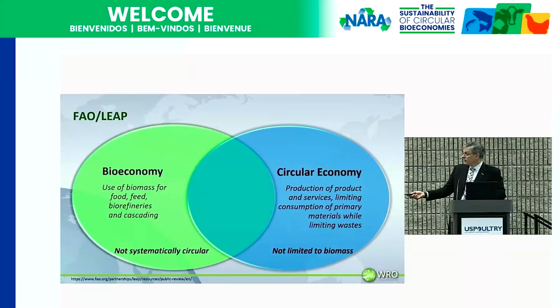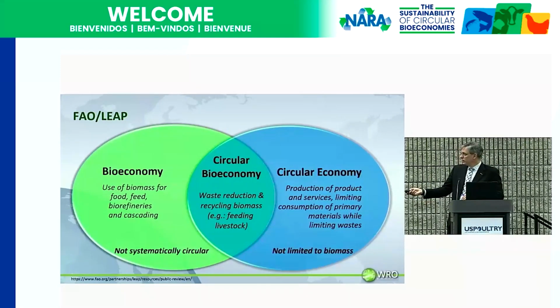If you are in the bioeconomy, it's not systematically circular. Circular economy is production of products and services limiting consumption of primary material while limiting waste. But this is not limited to biomass. What is circular bioeconomy? It is exactly the junction of the two: waste reduction and recycling biomass through feeding livestock.